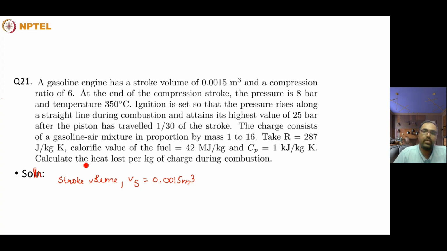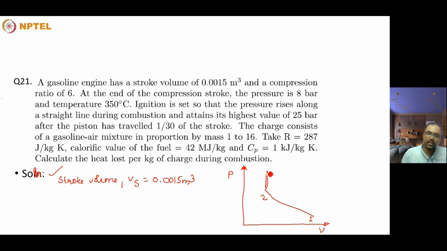And if we try to plot these points in a PV diagram, if you ignore the suction, start from the beginning of compression, one, two, let's say gasoline engine, SI engine.